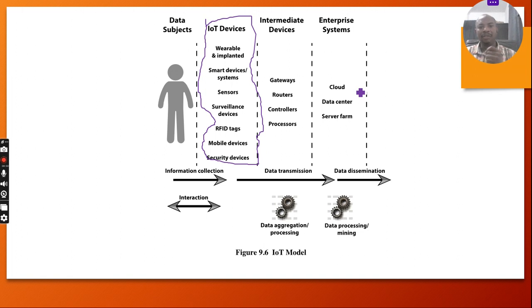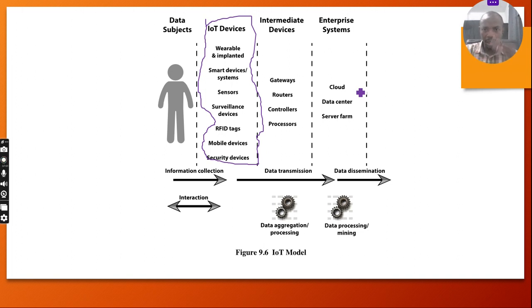We'll be looking at the different gateways. We look at routers to transmit your data out of your local area network. Then we have the controllers, like the microcontrollers and so on, programmable controllers. We have the processors, the different processors like the timers, the microcontrollers, all of these types of processors.